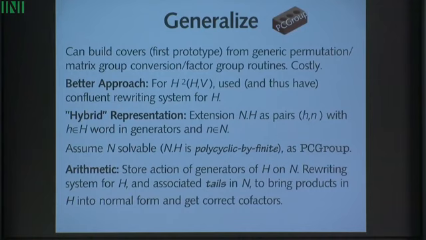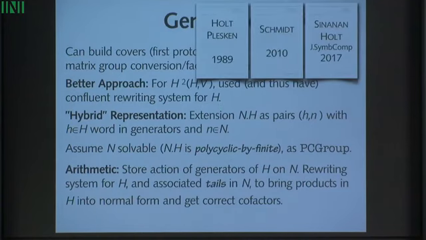So what I'm going to do is, again, an approach which has been used before. I'm using the rewriting system I anyhow have for the cohomology, the rewriting system for the factor group. And again, this is in some way already implicit in the book of Holt and Plesken. They are working with presentations.